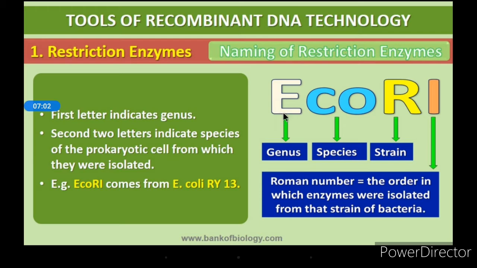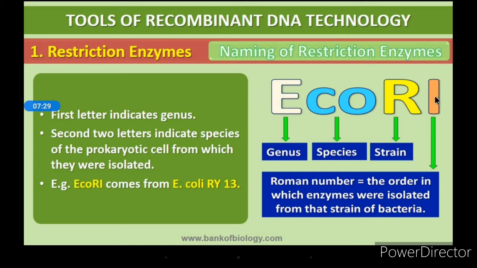E is Escherichia coli, right? So E. coli. E, the first letter, comes from the genus. Then the second and third letters, that is co from coli, represent the species name. And the R, the fourth letter, is from the strain of bacteria.